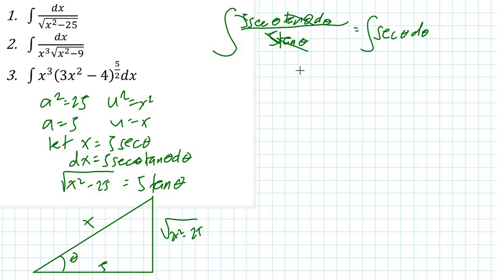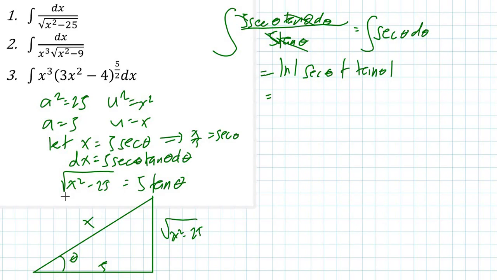This is a special formula, and its integral is ln of secant theta plus tangent theta. So therefore, from the triangle, we get that x over 5 is equal to secant theta.